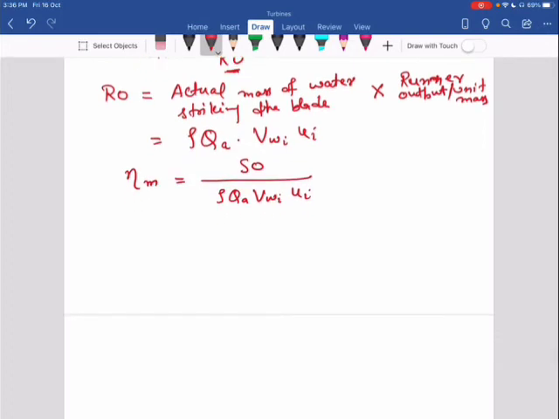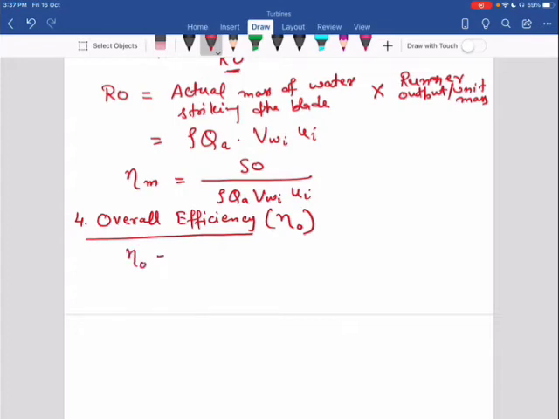Then the last is the overall efficiency. So that is eta O. So this efficiency accounts all losses that occur in the turbine, and it is the ratio of shaft output to the available power. So this I can write as shaft output divided by the available power, which is WQH or rho G QH. So Q is the total discharge and H is the net head.